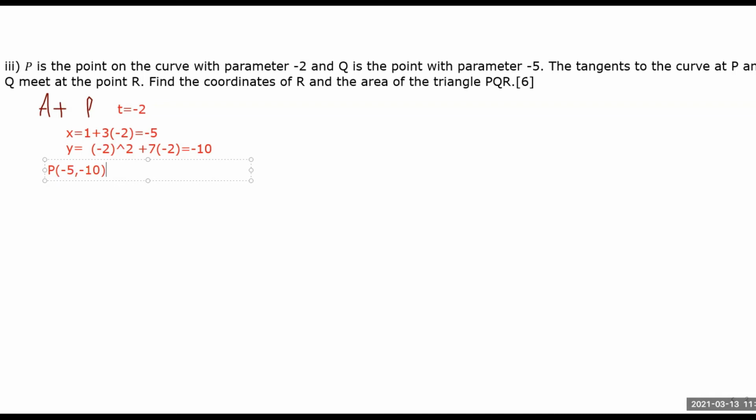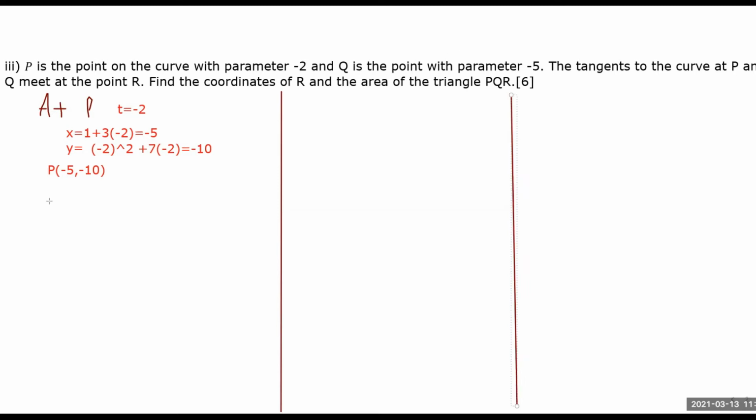All right. Now, look at what they said. They said the tangents to the curve at P. So we need to find the equation of the tangent at P. We need the gradient at P, so we need to find dy by dx at P. At P, dy by dx is equal to 2t plus 7 divided by 3, where t is -2.